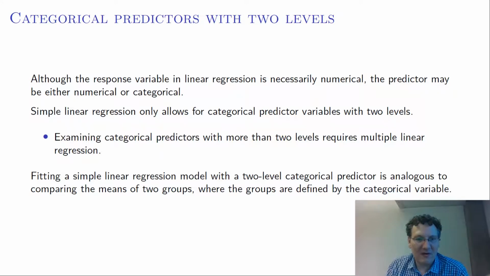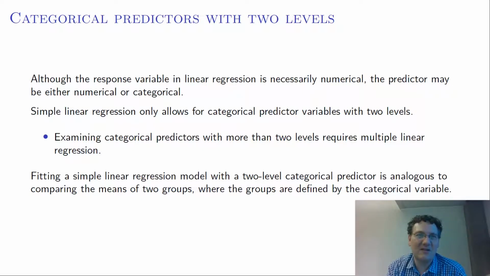If we have more than one level for our categorical variable, we have to be clever about how we do things. With simple linear regression, you can only have two levels for your categorical variable. It's not much more complicated, but we'd have to use multiple regression if you have three or more levels.